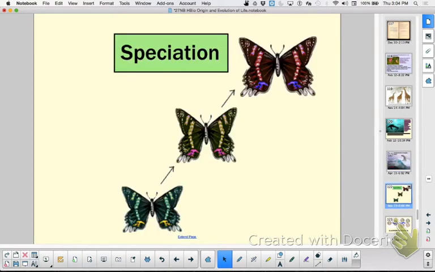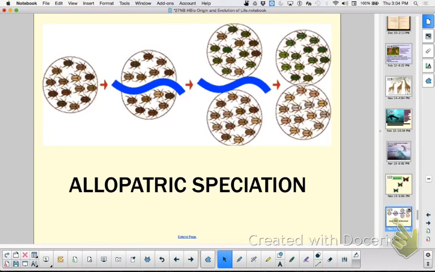And we talked about the types of speciation, and there were two types. Remember the two types? One starts with an A and one starts with an S. Allopatric. Boom. Allopatric speciation. What was the other one? Sympatric. Good. So allopatric is there is some geographical barrier in a population, okay? As a result, they have their own mutations, and they're not mating with each other because of that barrier.